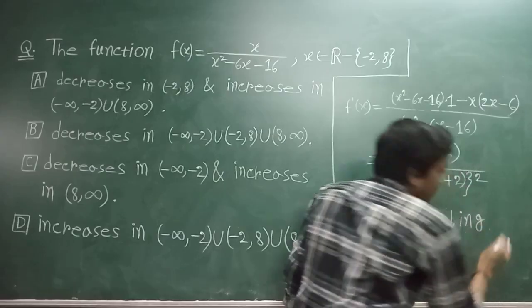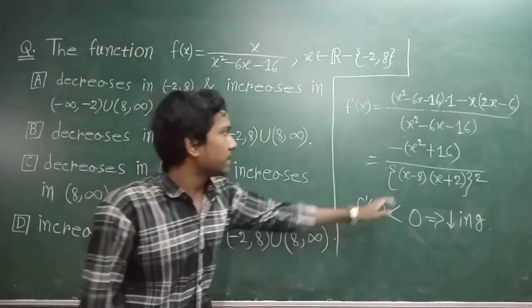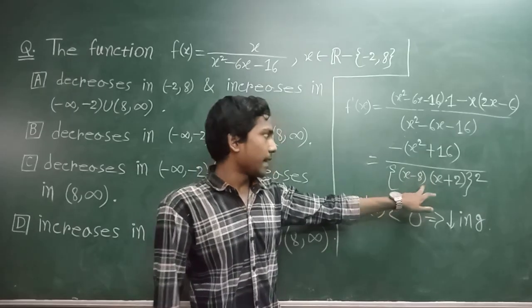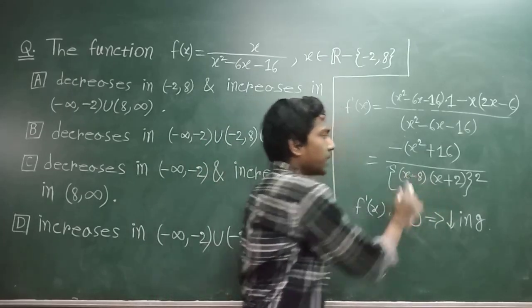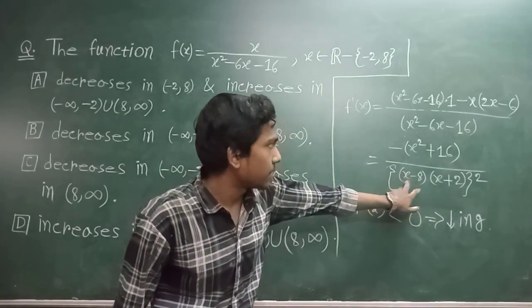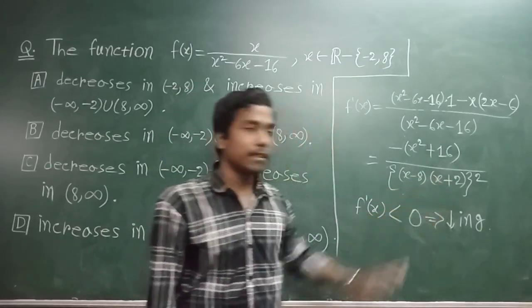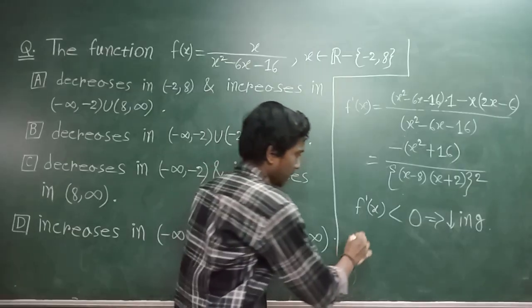And what is the interval? Obviously this is defined for any real number, except at the critical points of the denominator. If we put x equal to 8, then the denominator will become 0, which is undefined. And if we put x equal to minus 2, the denominator will become 0.